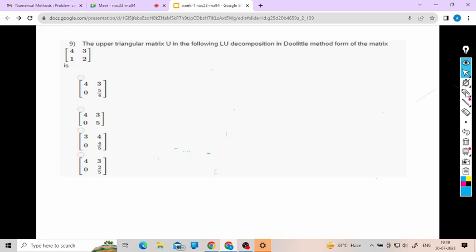Are you getting it? So what is the criteria for convergence of the Gauss-Jacobi or Gauss-Seidel method? You have to think about it. Can anyone tell me the criteria for convergence of these two methods?